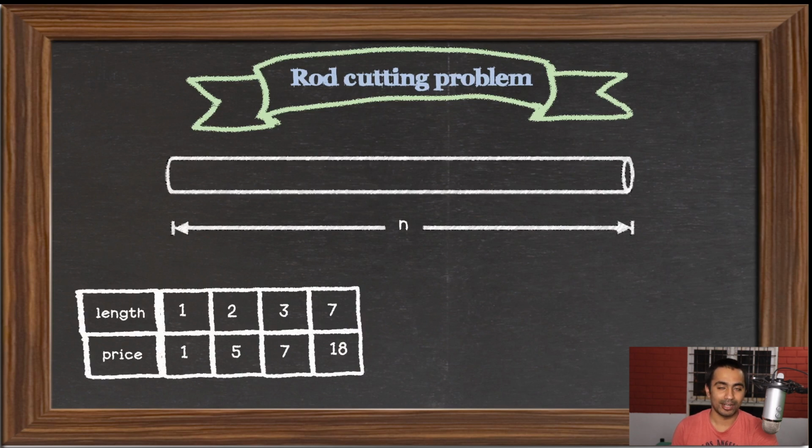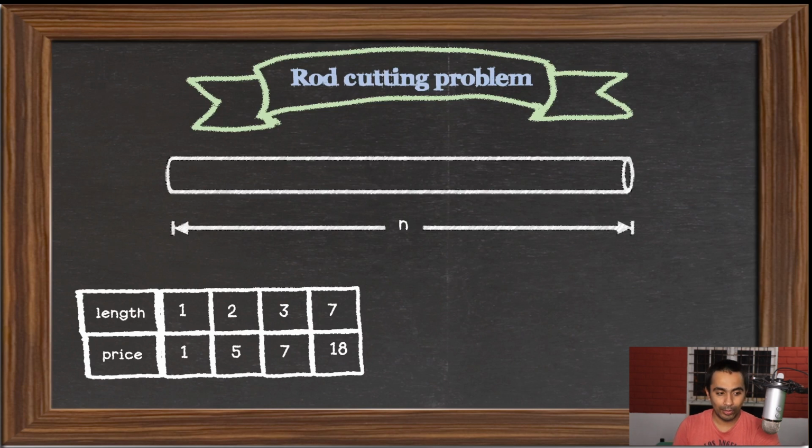In the given example, a rod of length 1 will be sold for a price of $1, and a rod of length 2 will be sold for a price of $5. There is a chart of mappings like this, and we can cut the given rod into one of these lengths.